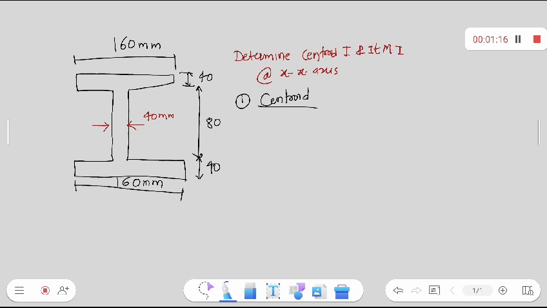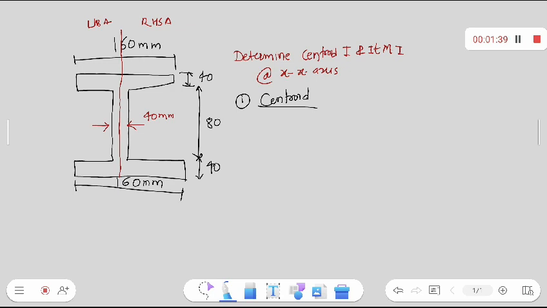Under that, we have to decide the reference axis. As this is symmetrical, whatever axis is passing through the centroid will divide this area, LHS area equals RHS area. That's why this section is symmetrical.